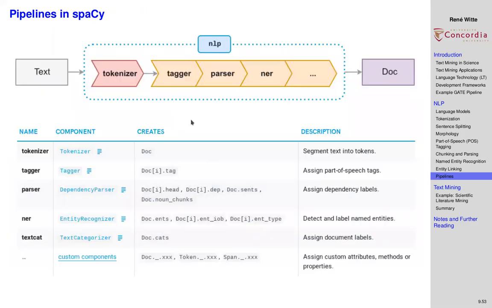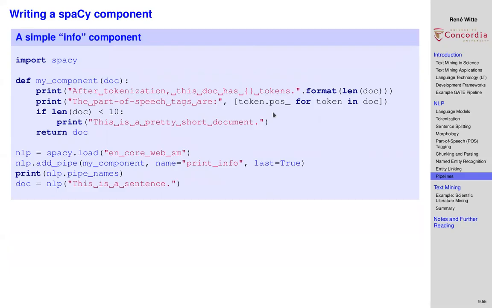We have an existing pipeline, the one we get from the default NLP model, and we want to add another step at the end. What that step does is simply look at how many tokens there are. And if it's less than 10, it will say, this is a pretty short document. So this is our new component that we want to add.